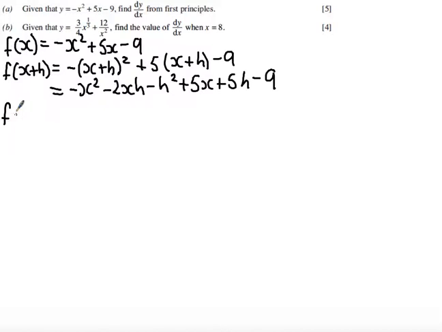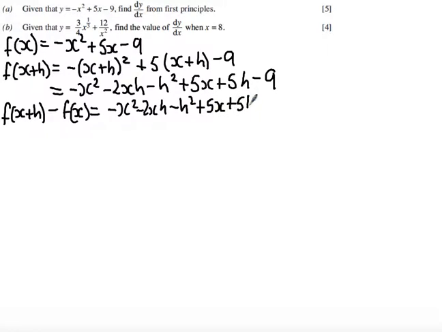At this point, I like to calculate the difference between f of x plus h minus f of x. So I get minus x squared minus 2xh minus h squared plus 5x plus 5h minus 9, minus, minus x squared plus 5x minus 9.